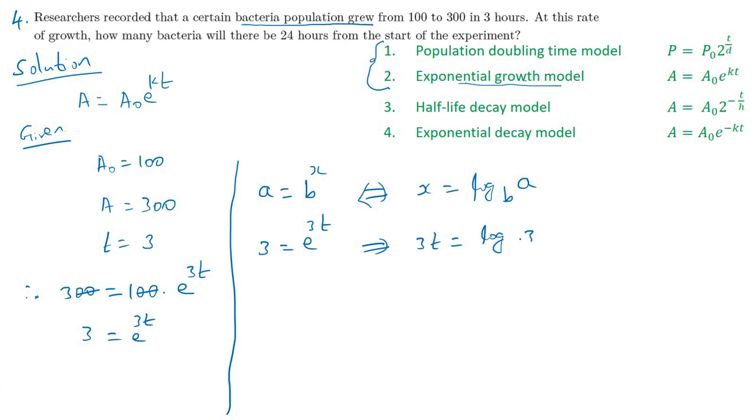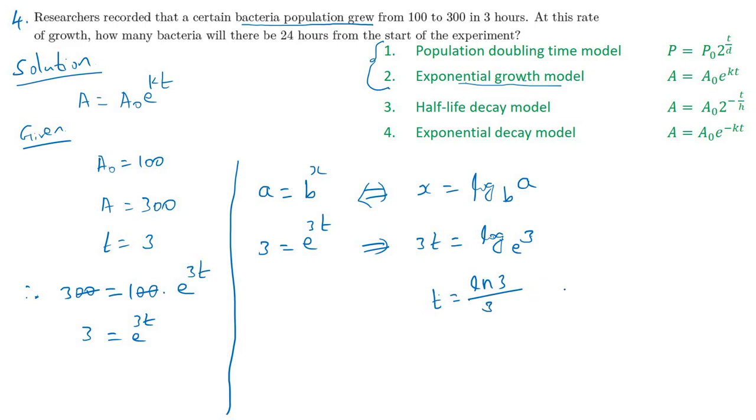What is the value for b, the base? It is e. Log to the base e means it is ln. Anyway, you want to find the value for K. K is equal to log 3 to the base e, which is ln 3, divided by 3.